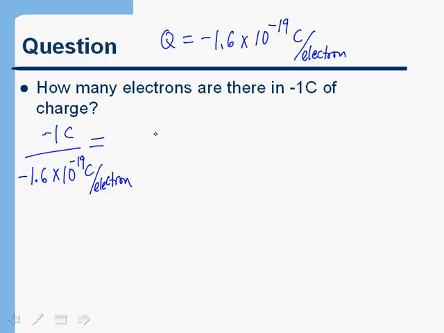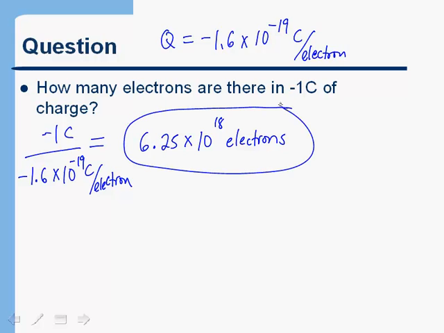And when I work that out, what you get is 6.25 times 10 to the 18th electrons. You'll notice that coulombs cancels out, and you have 1 over electrons, which is just electrons. So the point of doing that calculation is just to show you that there are a whole lot of electrons in 1 coulomb of charge.